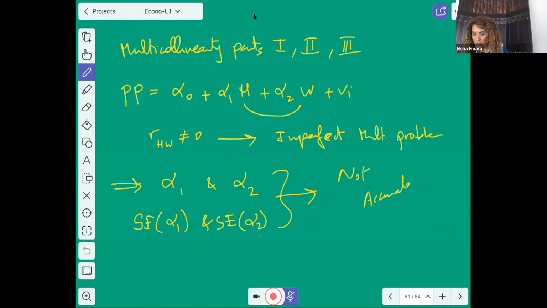So they will not be accurate. The coefficient that reflects the impact of height on physical performance will not be accurately estimated. The same goes with the coefficient that reflects the impact of weight on physical performance. Why? Because both are affected by the connection between height and weight on physical performance.